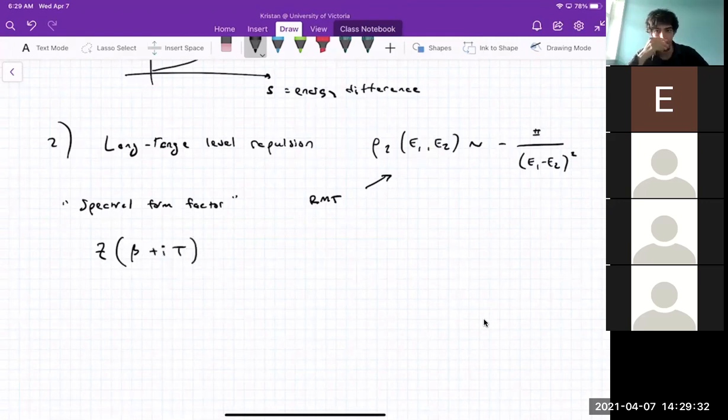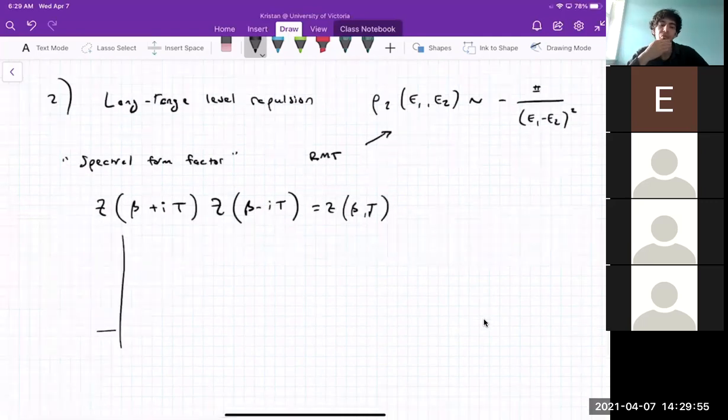But then you also have 2 copies, and the Lorentzian time of one interferes with the Lorentzian time of the other. You can call this thing Z of beta, t.